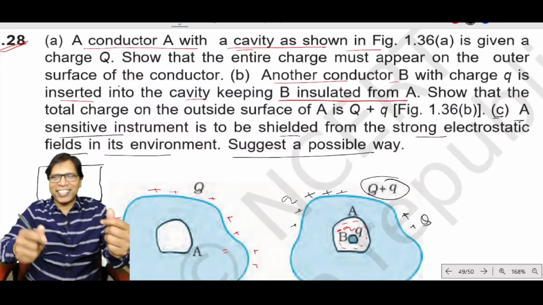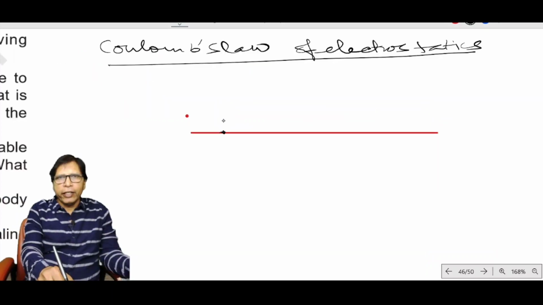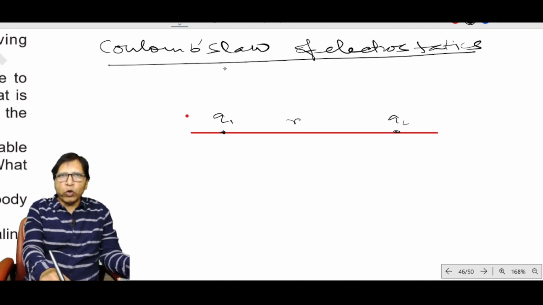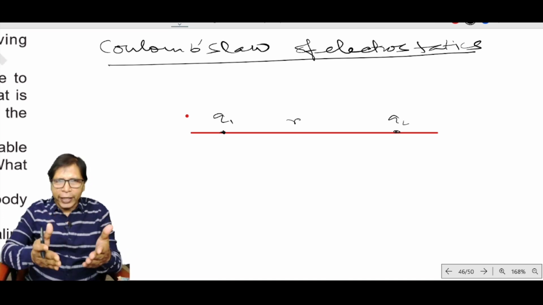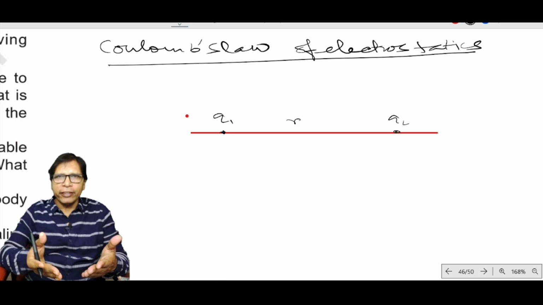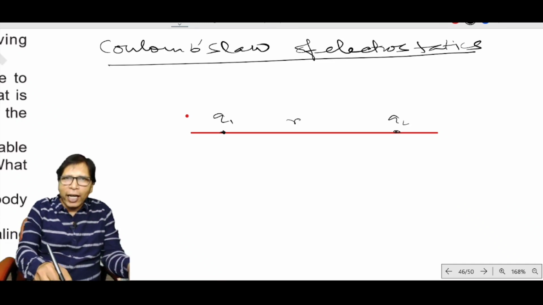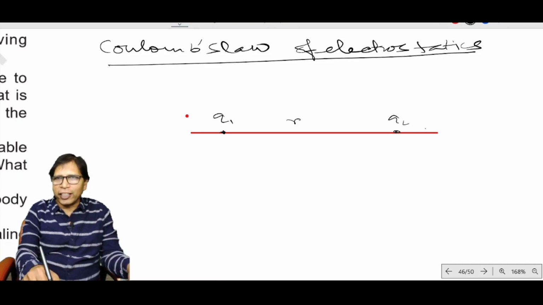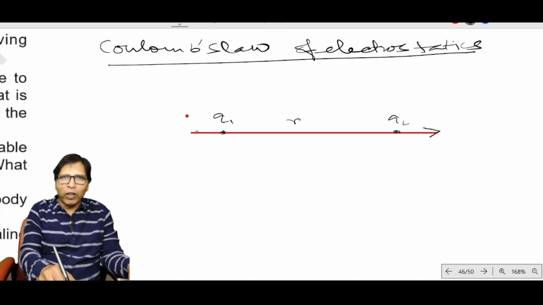Okay, next look at this. Suppose charges Q1 and Q2 are separated by a distance r, where r is the distance of separation. Coulomb's law of electrostatic interaction acts along the line joining the two charges.